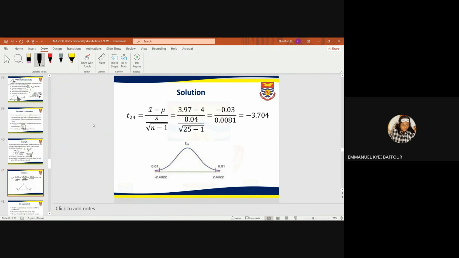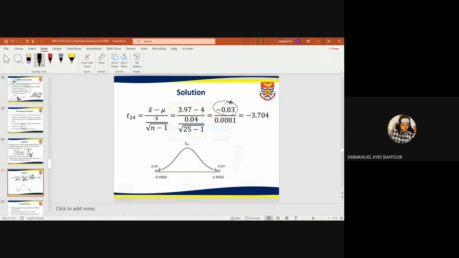So let's look at this. This question has been attempted here. So you have this minus this. But this one is going to create disparity in the solution, right? Because 3.93.